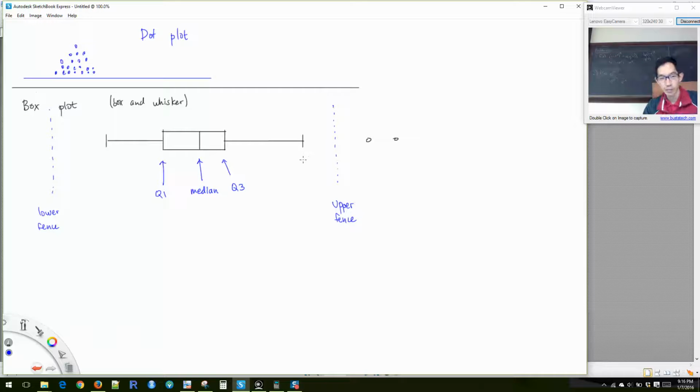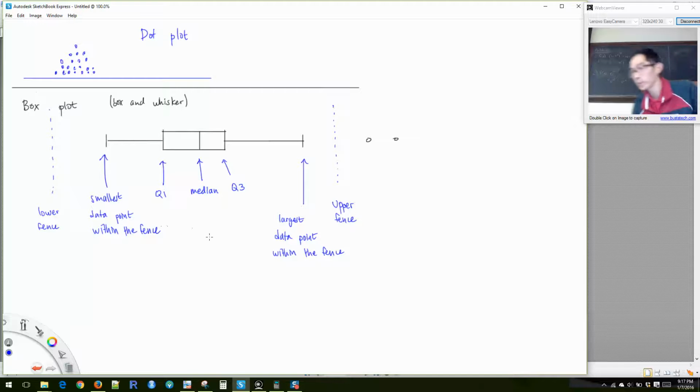Here, this would be the largest data point within the fence, and over here would be the smallest data point within the fence.